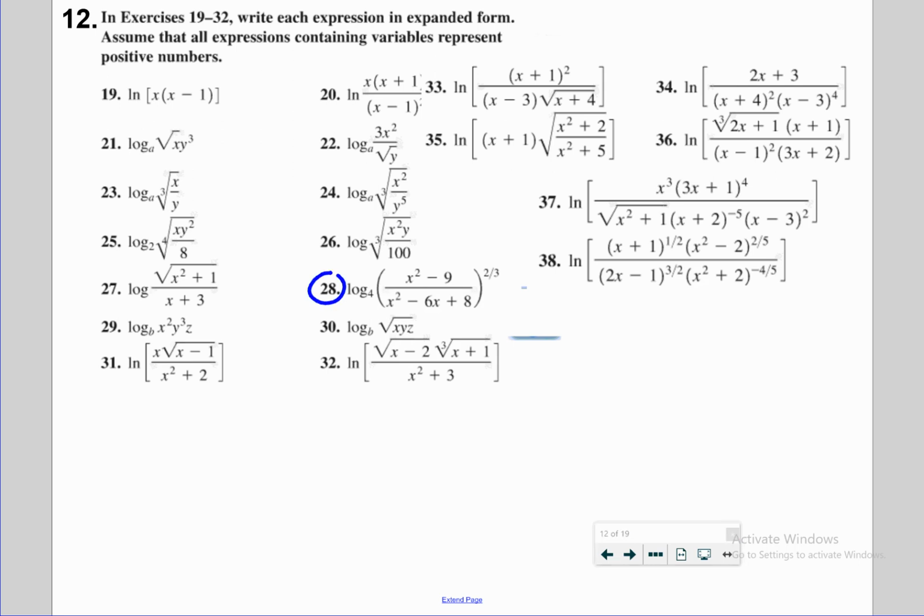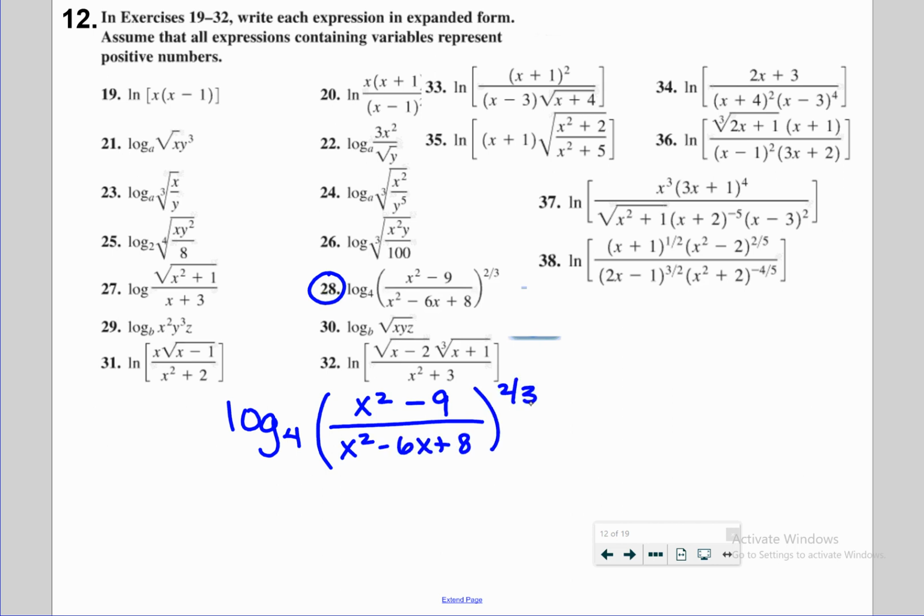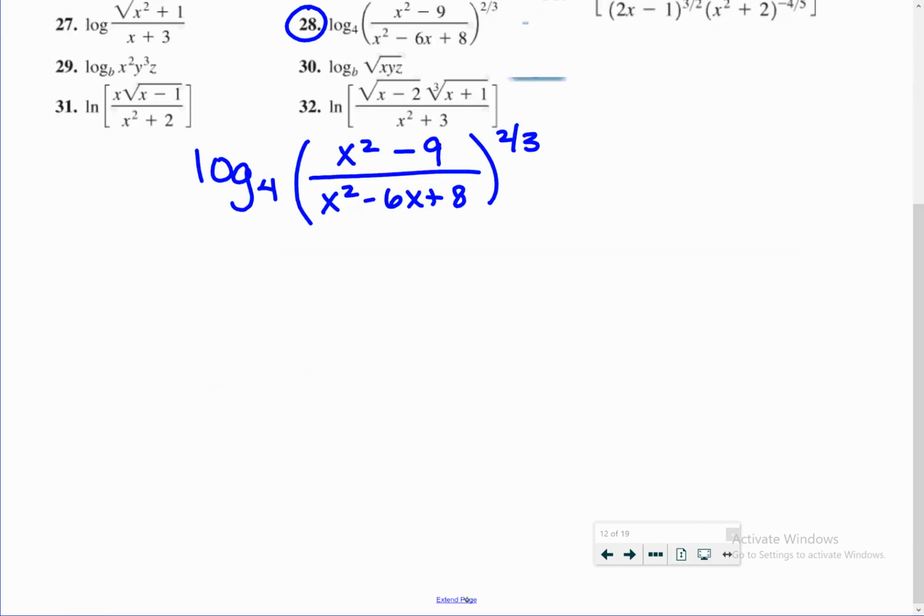28. Okay, so I have log base 4 of x squared minus 9 over x squared minus 6x plus 8 to the 2/3 power. We want to expand.